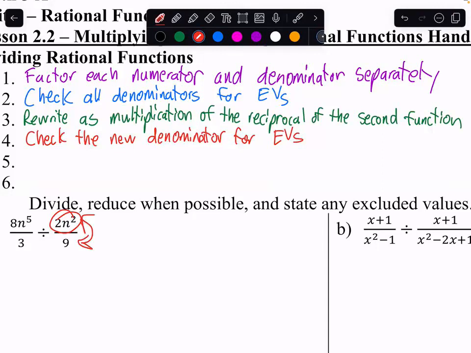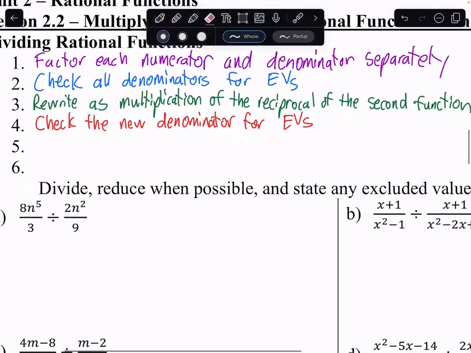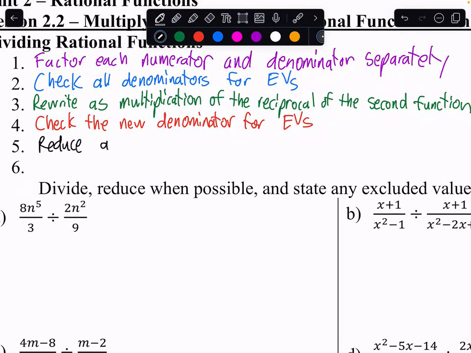So there's another potential source of EVs. Okay, after you've done that, reduce any common factors. And then the very last step is to multiply.